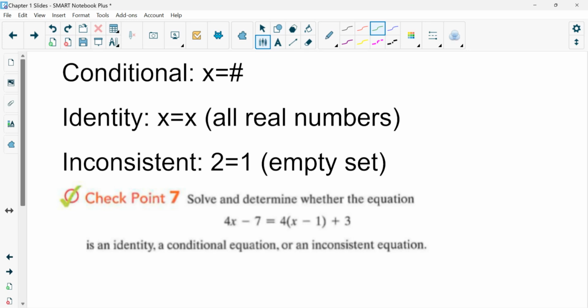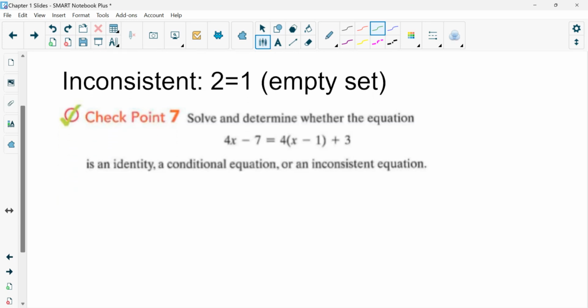With me, Tyler? All right, so first thing we're going to do, again, nothing crazy. It's just a regular linear equation. We have to distribute. All right, we'll get all of our like terms together on the right side.